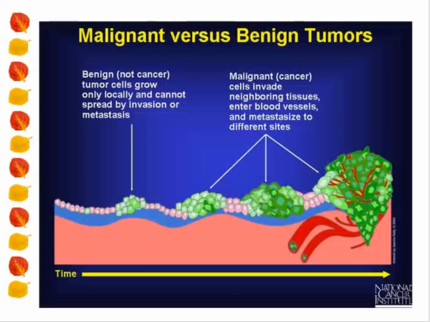So here's a picture of it. Benign cells will grow locally. They don't spread by invasion or metastasis. They just stay put. They grow around their central locus. A malignant tumor will start to invade neighboring tissues, erode into the blood supply, maybe get angiogenesis, in which case the cells will break off and pass through the blood supply.